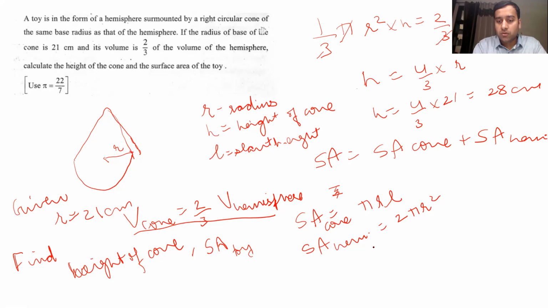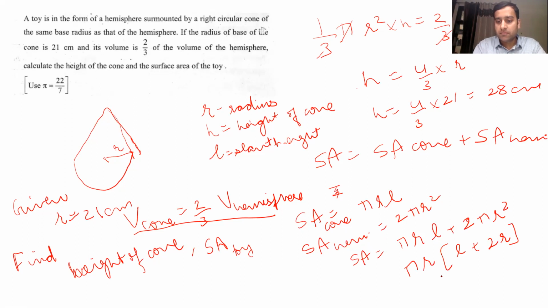So surface area equals pi RL plus 2 pi r square. Both have pi r common, so we can take it common. It is pi r times (L plus 2r). I'm changing to the next slide.